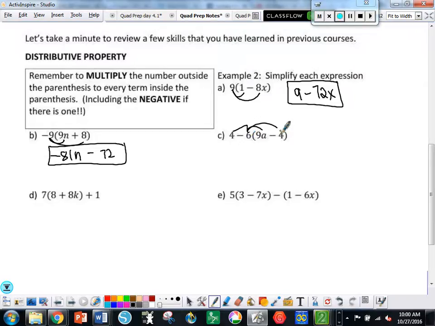Which happens first, subtract or multiply? So we're going to distribute first. Ignore that 4 for a minute. Negative 6 times a 9 would be a negative 54a. Negative 6 times a negative 4 would be a positive what? 24. Once you distribute, then you can bring the 4 back in.